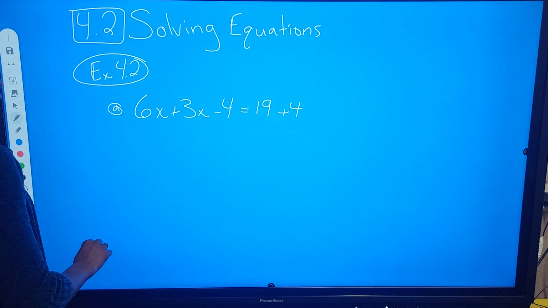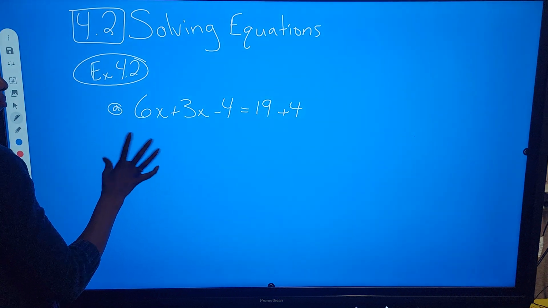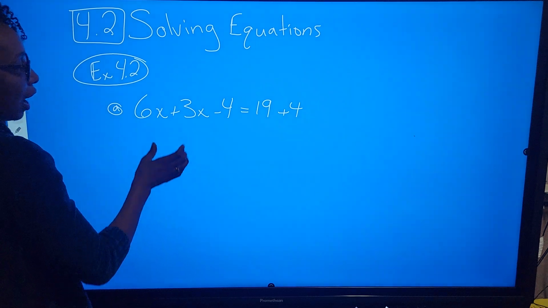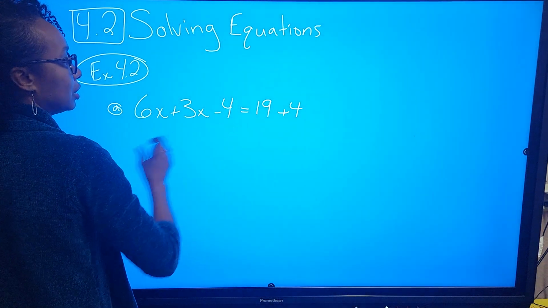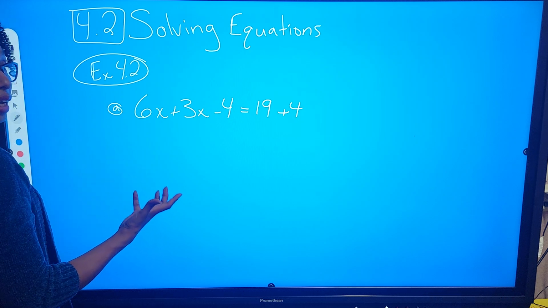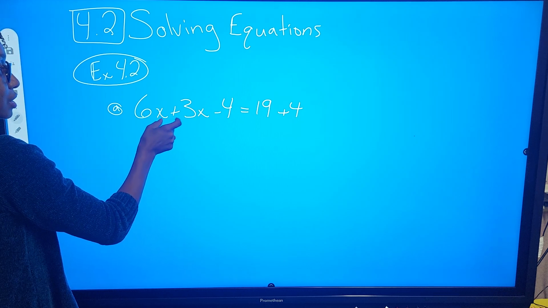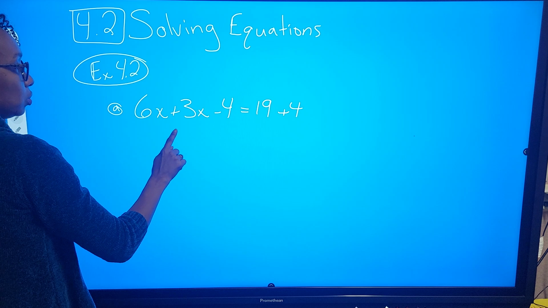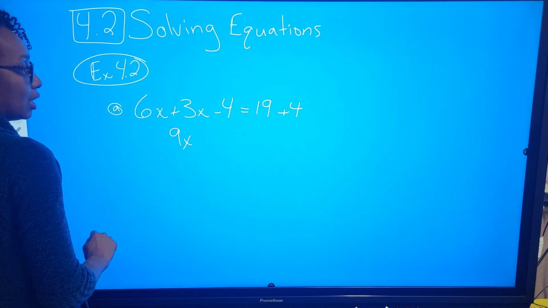First thing I want to do before I try to solve any equation, I want to clean things up a little bit, put together the things that are alike. I noticed that 6x and 3x both have x's, so I'm going to combine those as like terms. So 6 plus 3 is 9, so I have 9x.